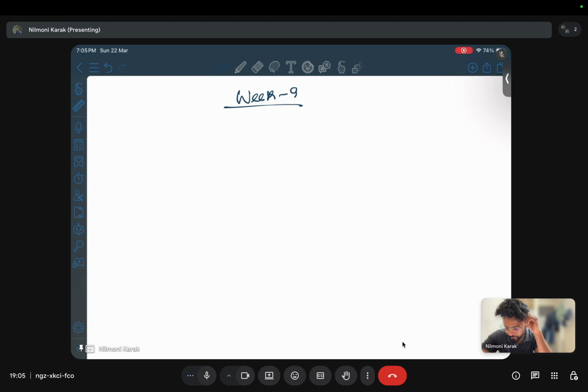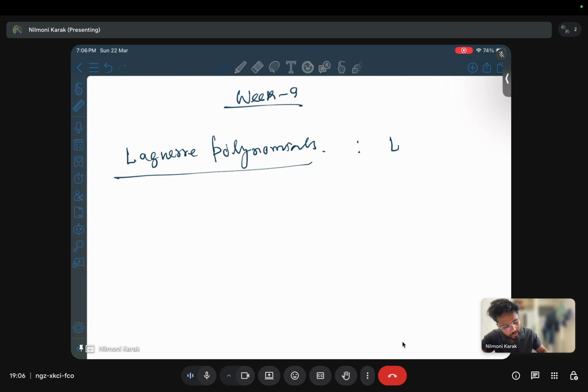And first we consider Lagrange polynomials. This is denoted by Ln(x). We will see what is Ln(x).